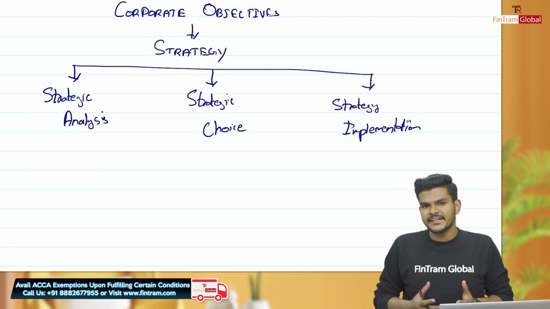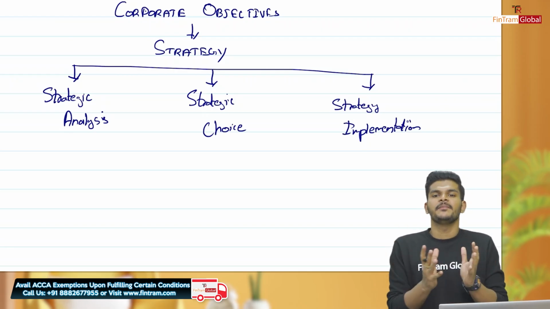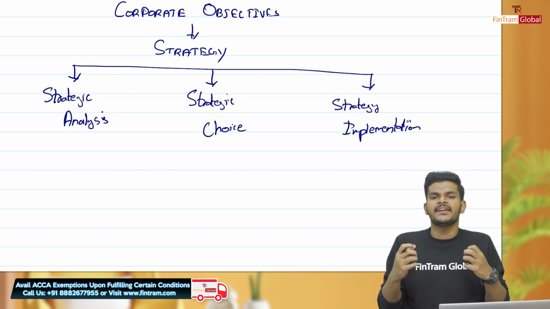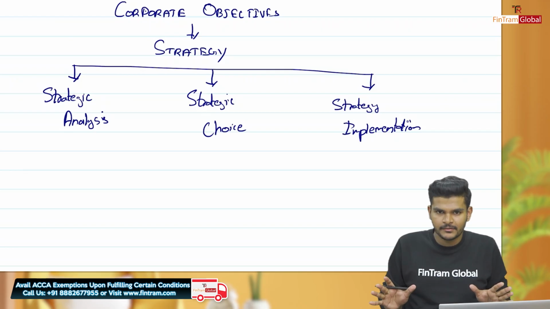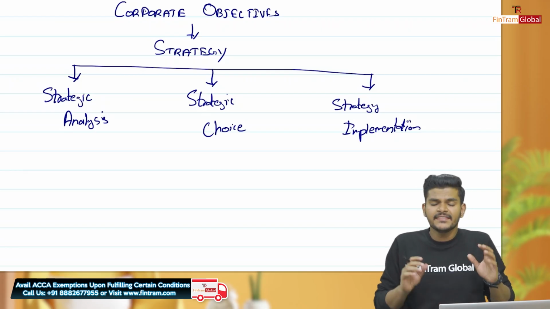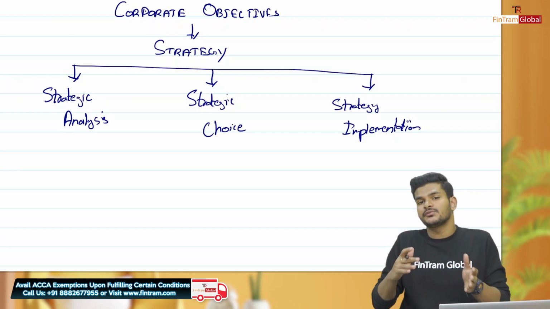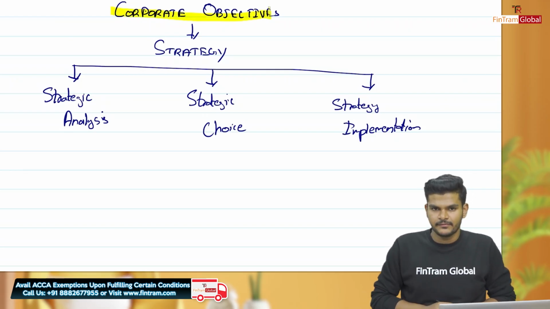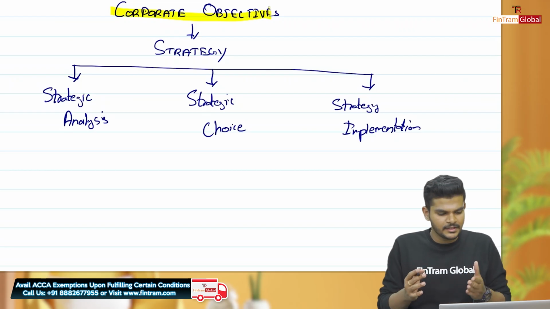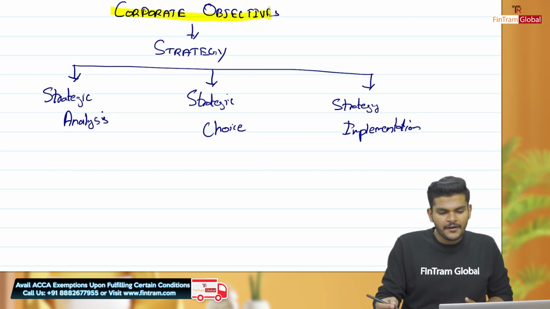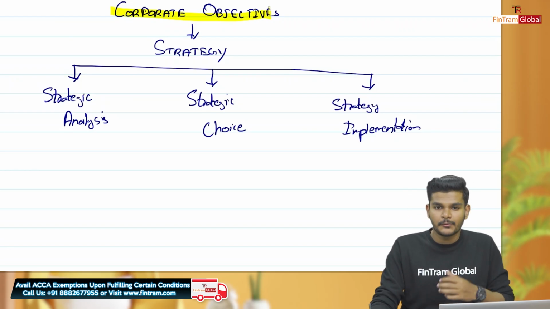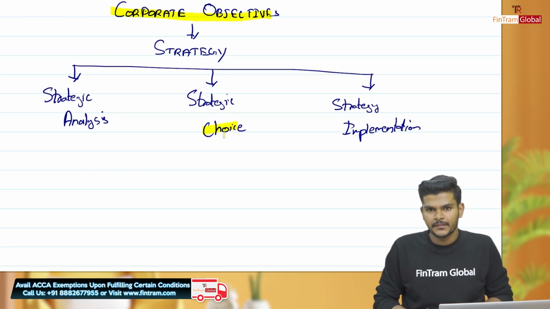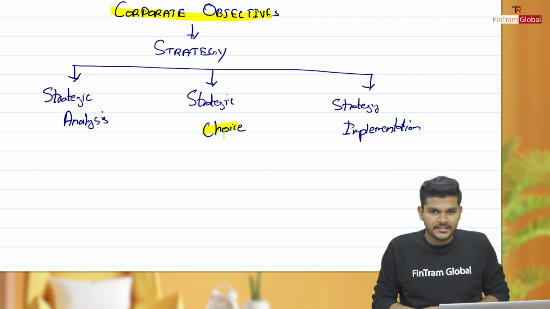So under strategic analysis, we assess the overall environment of the business through various models and various tactics, and obtain an understanding of that particular business environment. And then we identify various courses of action which we can use to eventually achieve our corporate objective. After identifying those courses of action, we have to choose the best one out of the several that are there.